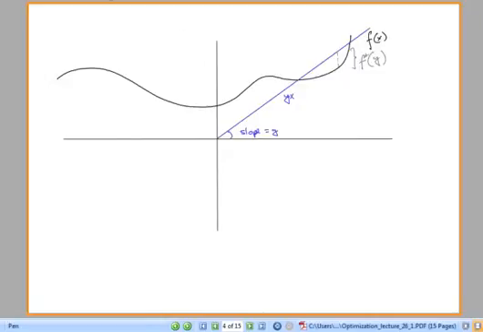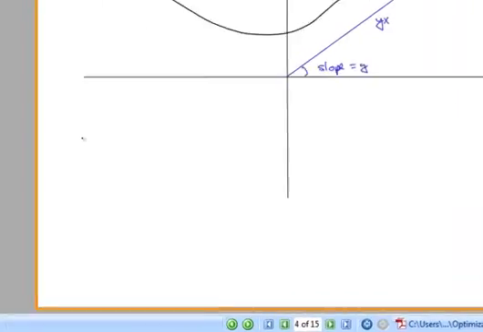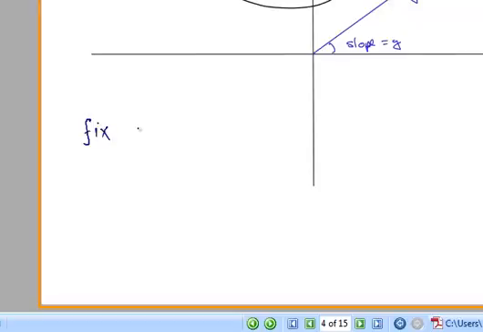Fix your y. For one dimension, if you fix y, then yx is just a function. What is that? That's a straight line with y as the slope, correct? So yx denotes this blue line with slope y.